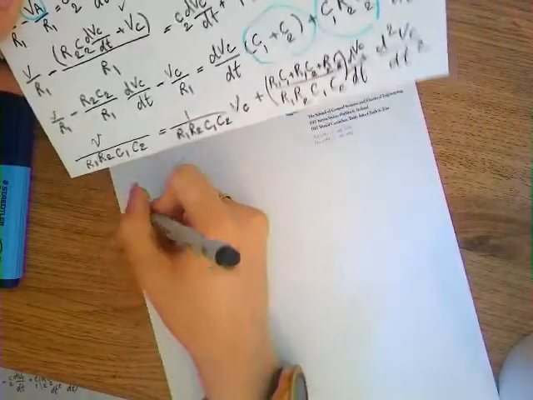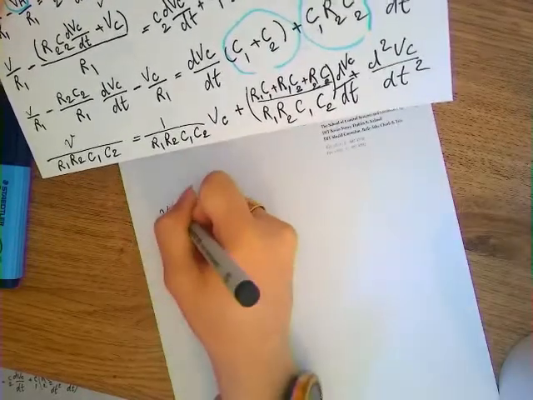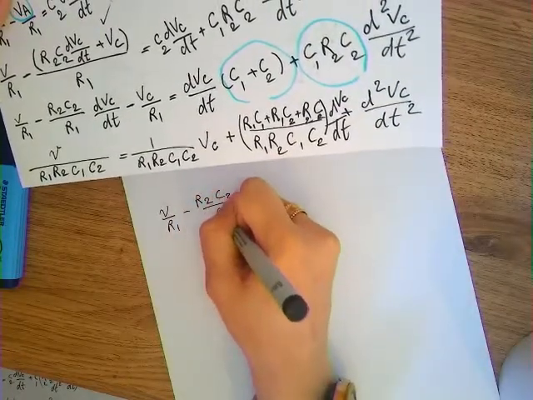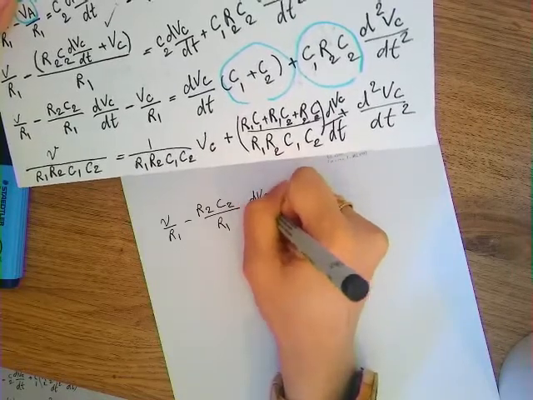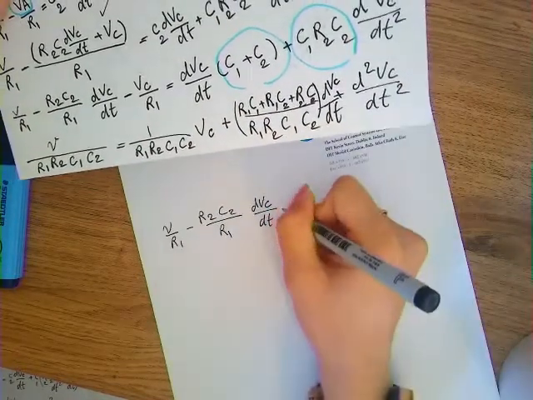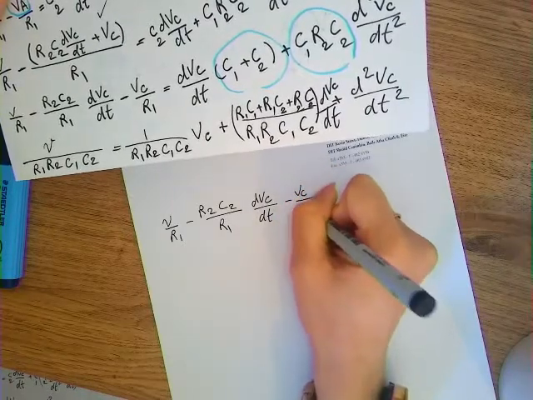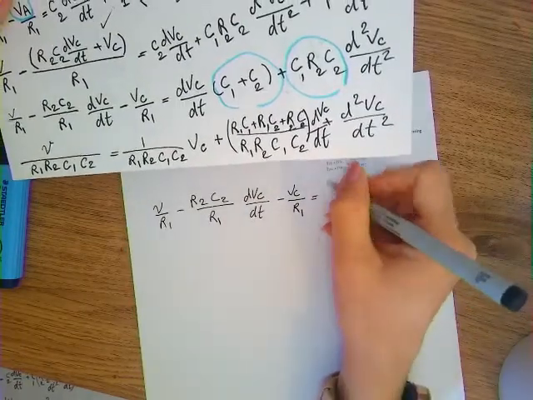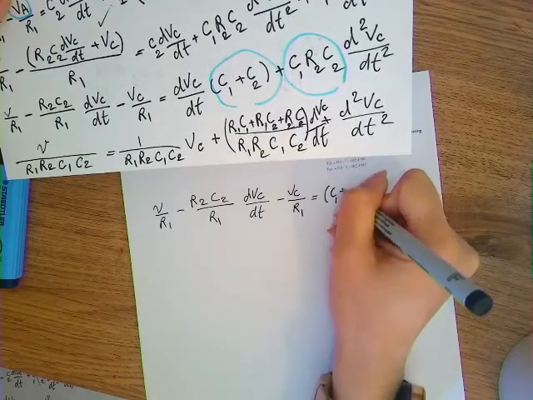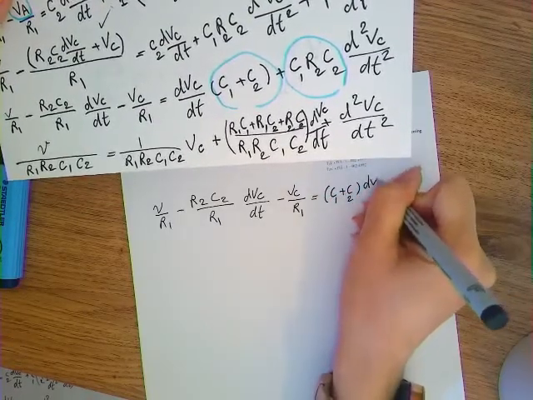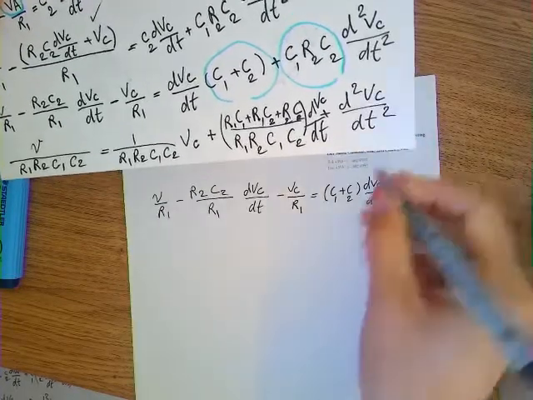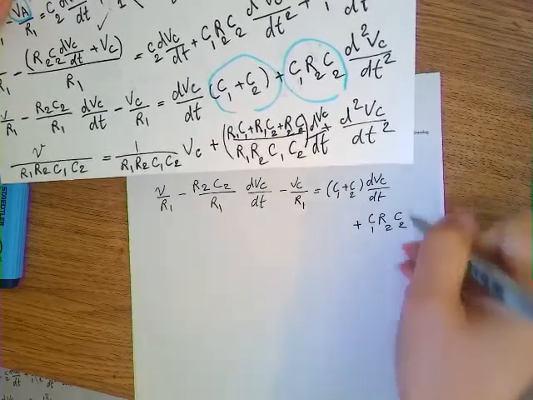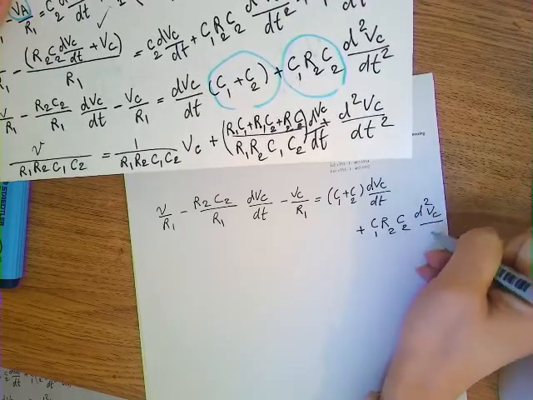So I have V over R1 minus R2 C2 divided by R1 dVc/dt minus Vc over R1 on one side, and on the other side I have C1 plus C2 multiplied by the derivative of Vc over time, and then I have C1 R2 C2 times the second derivative of Vc over time.